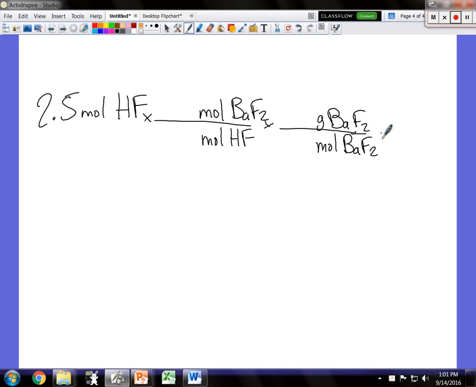Dustin's already got it. Dustin, what's the mass? 175 point what? Now, what is your mole to mole ratio? 1/2. Yes, that's your coefficients. All right, so what's your final mass in grams to 2 sig figs?